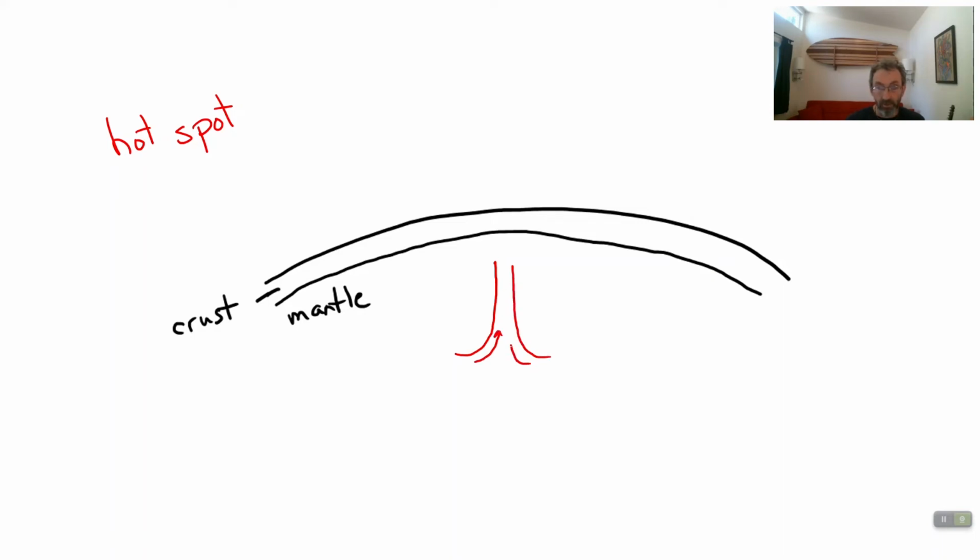So this is just a jet of magma that forms in the mantle, and this magma shoots up, punctures the crust, and moves up to the surface to form very large volcanoes.